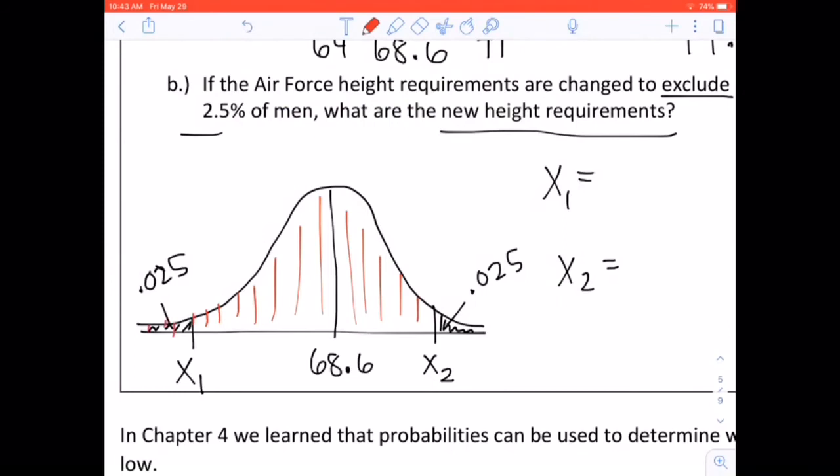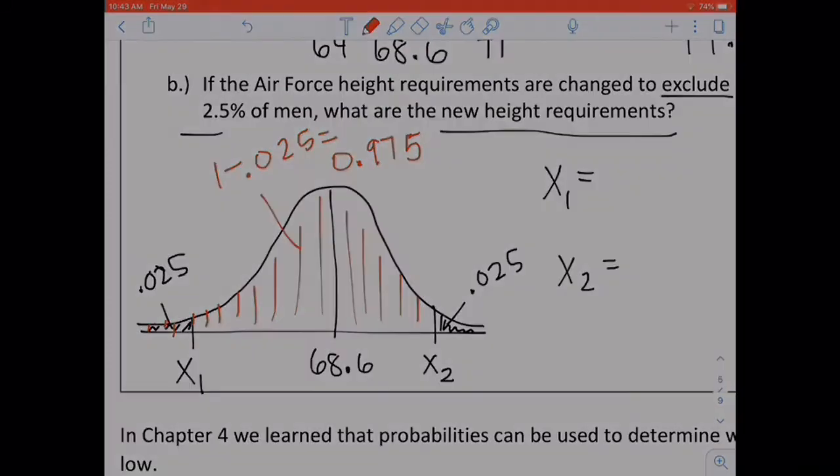So all of this area to the left of x2 is going to be equal to 1 minus 0.025, which is equal to 0.975.